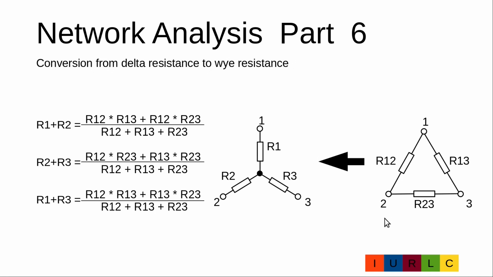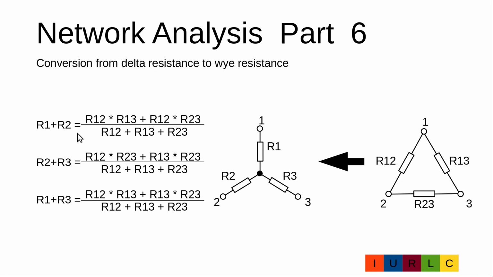Now we want to get the formula to transfer a delta connection into a Y connection. What we need is R1 as a function of these three resistors, R2 as a function of these three resistors, and R3 as a function of these three resistors.